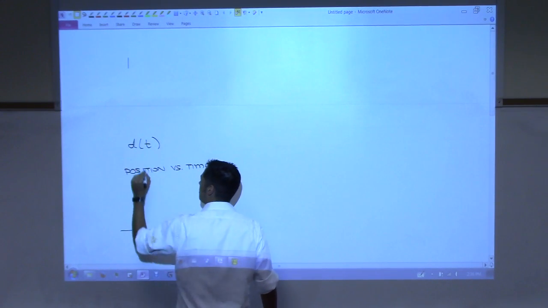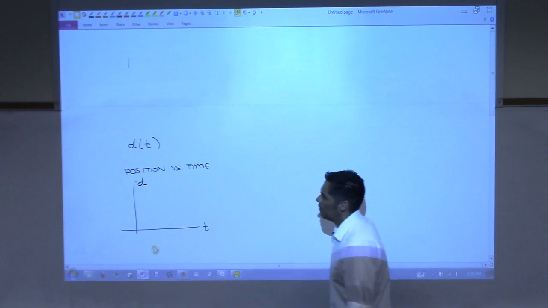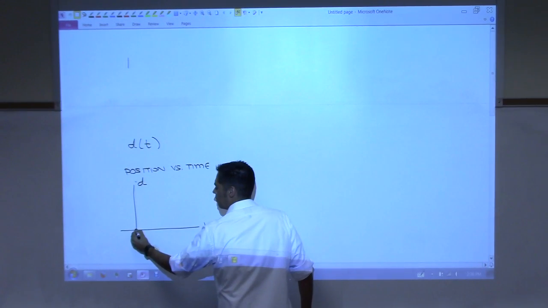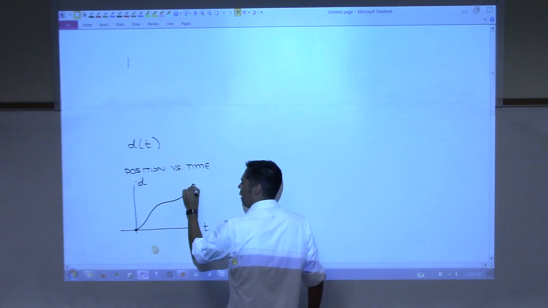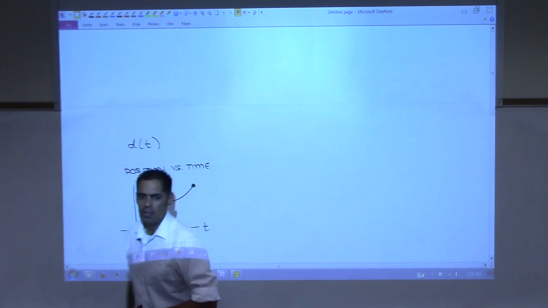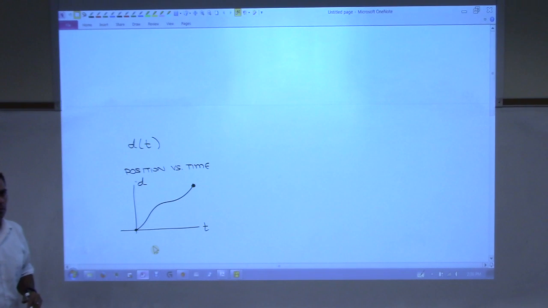You might think s is speed. Position versus time. If I graph this, did we talk about driving? You start and then you finish at some point. This is a position function. If you take the derivative of a position function, you get the velocity function.